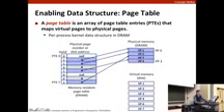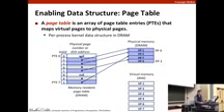And then the page table keeps track of where those are stored. So here we have a case. This PTE1 corresponds to virtual page 1. And in this case, it says that virtual page 1 is mapped into physical page 0. Virtual page 2 is mapped into physical page 1, and so on.